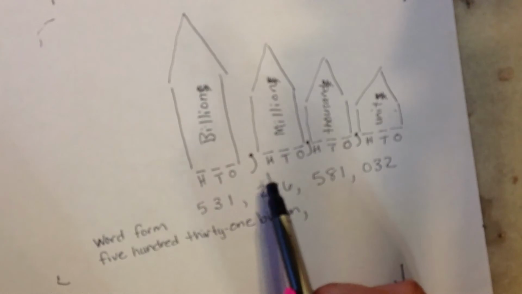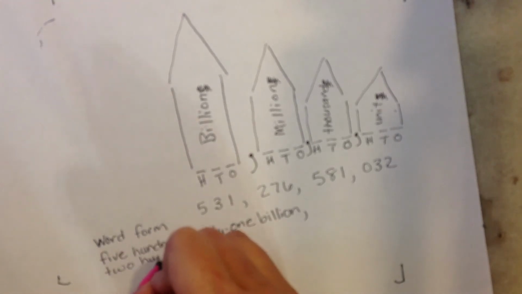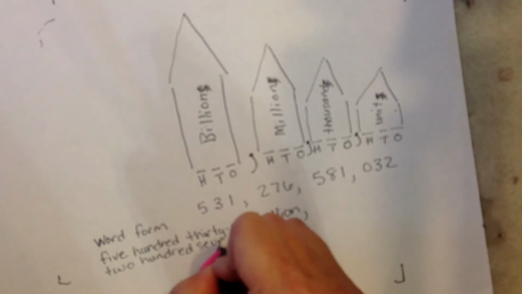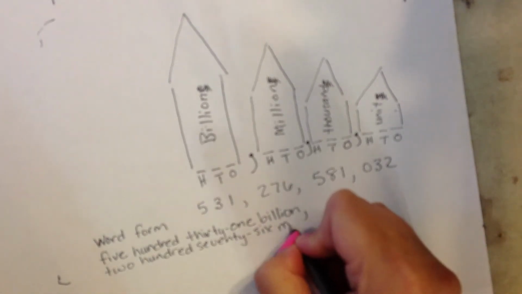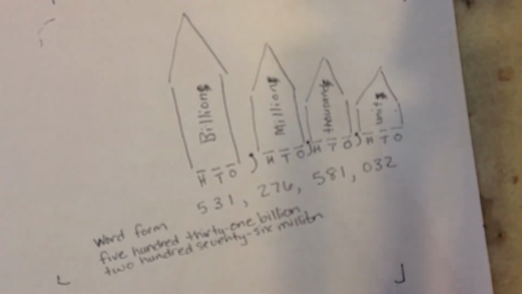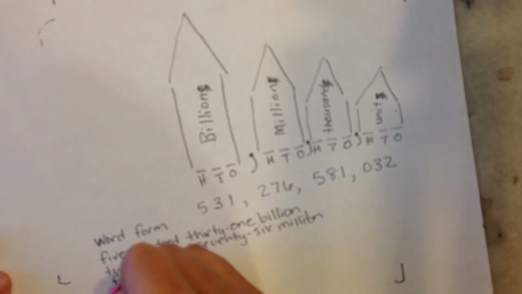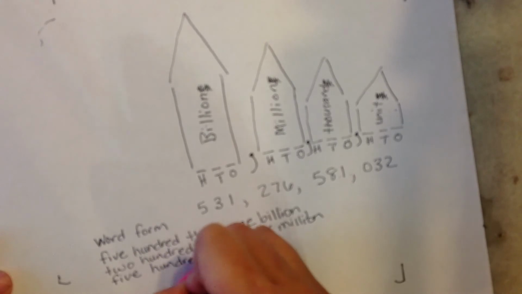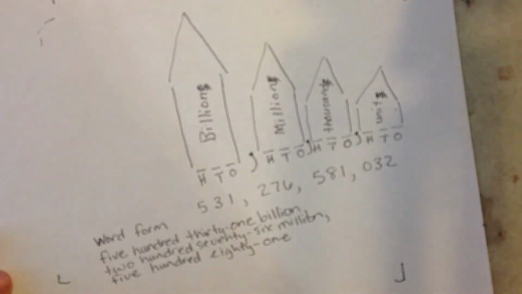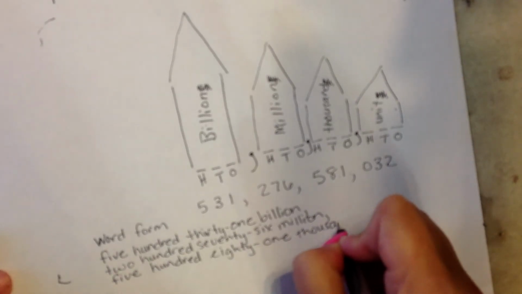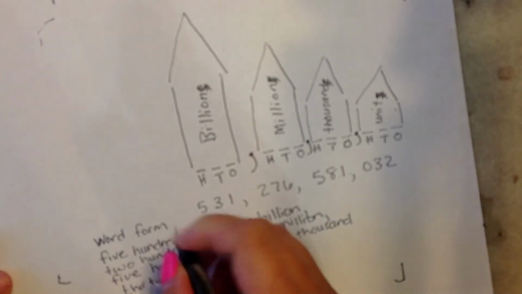Then we have 276 million, then 581,000, and the last thing we say is 32.